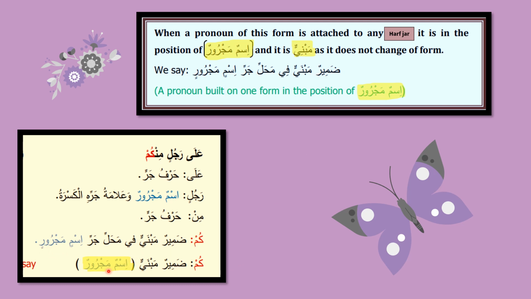And if you're a beginner, if you don't know how to say in Arabic, you can say damirun mabniyun ism majroorun. So that will be enough for you to say. And even if you don't have the practice of saying in Arabic, just understand that kum, the attached pronoun, is in ism majroor position. If you write ism majroor, it's also correct.